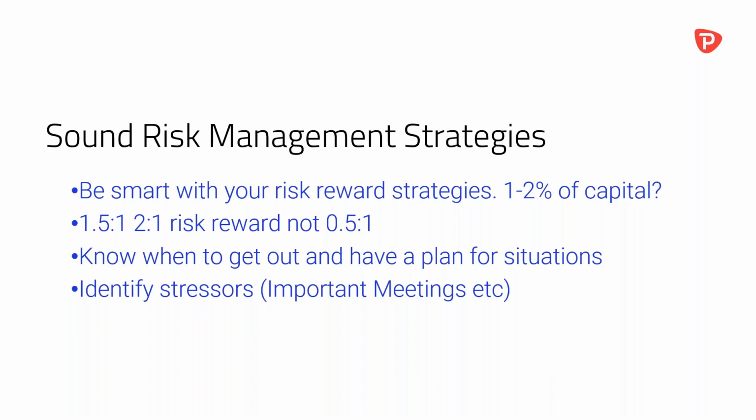A couple of sound risk management strategies. Obviously, we want to be smart with our money, so risk reward is very important. We don't really want to be risking any more than 1 to 2% of our capital. But if you do that, then you need to realize you're taking more risk. And of course, we want those 1.5 to 2 to 1 risk rewards. We don't want something like 0.5 to 1. Sometimes scalpers and day traders can get carried away with the idea that they've got a 70 or 80% winning strategy, but they've got, let's say, $100 at risk and they're only making $20 per trade.